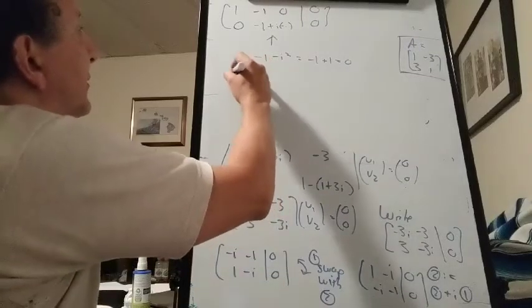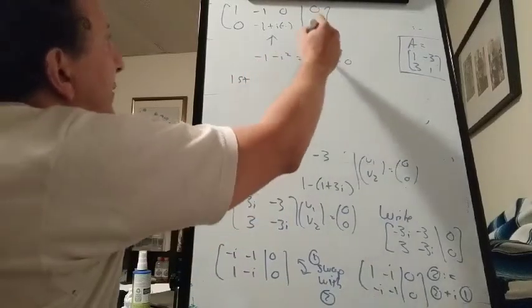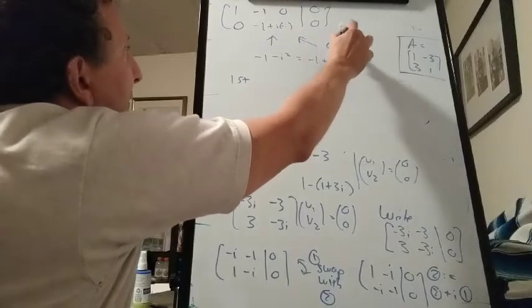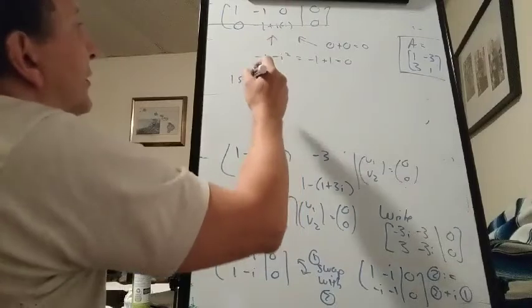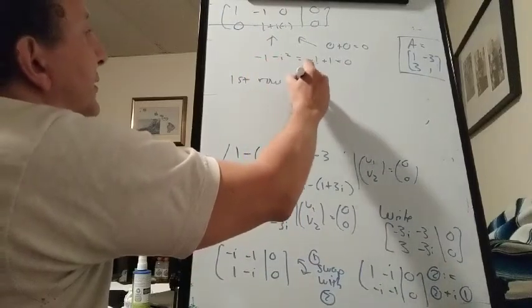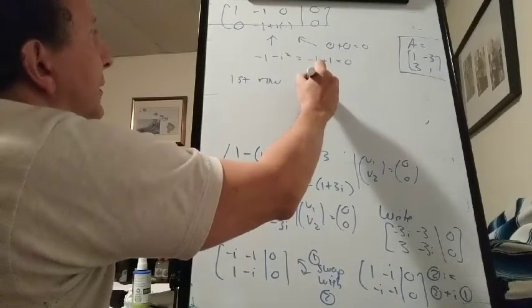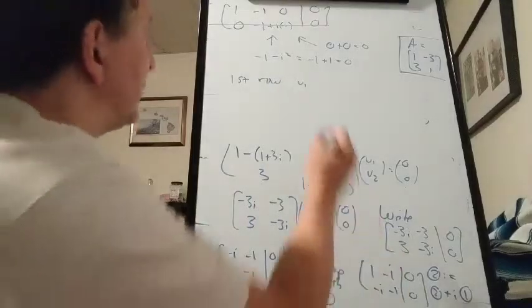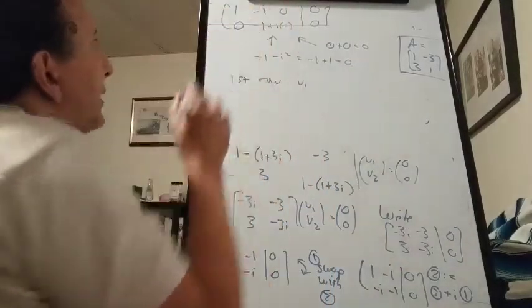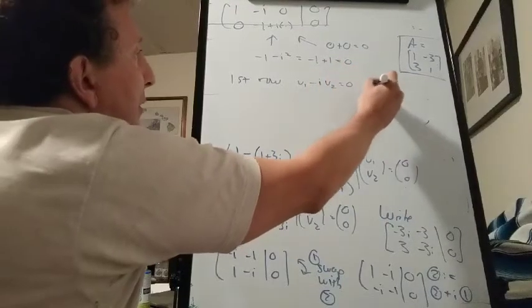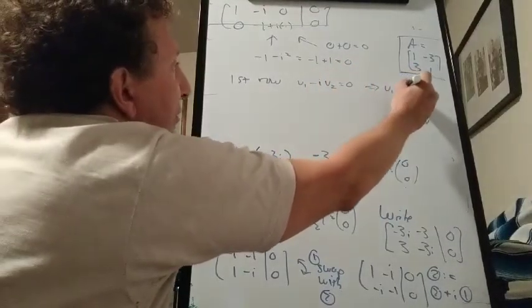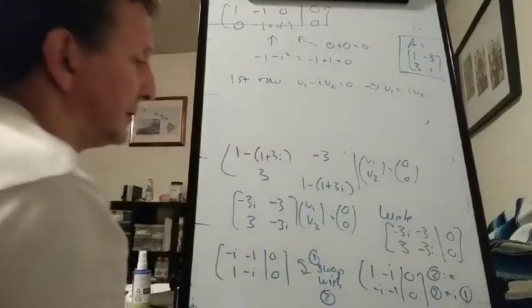So the second row goes away. So the first row says that V1, that should be an i there that I didn't copy right, V1 minus i V2 equals 0. Or in other words, V1 equals i times V2.